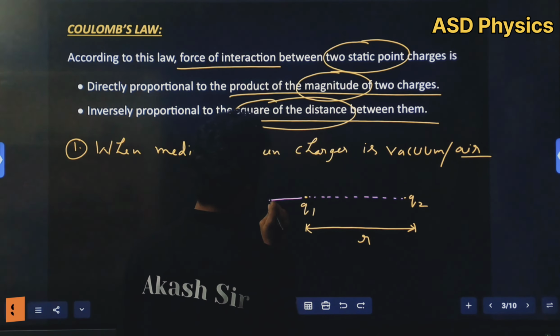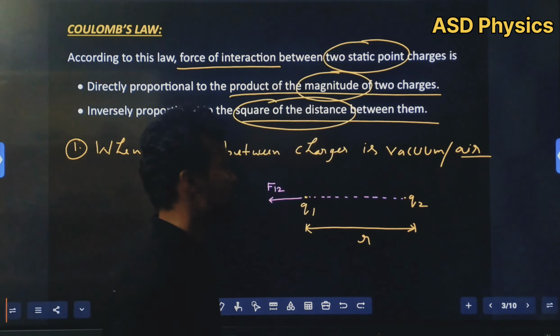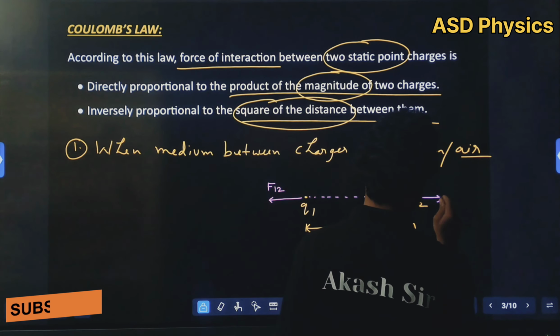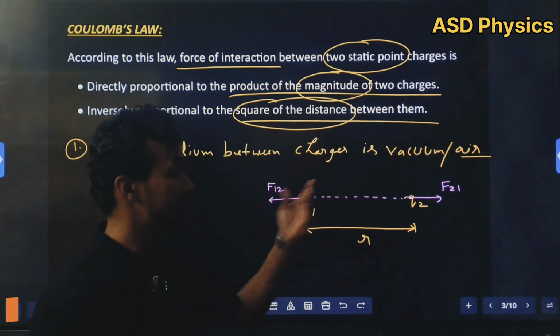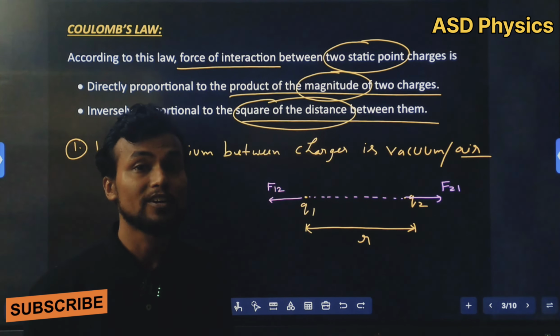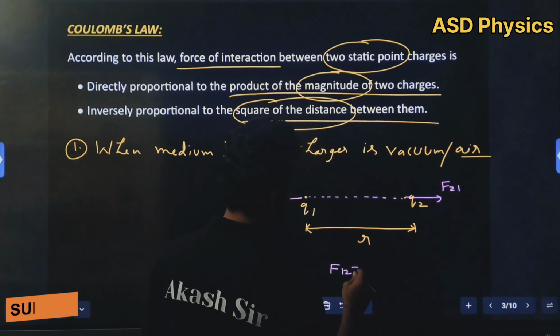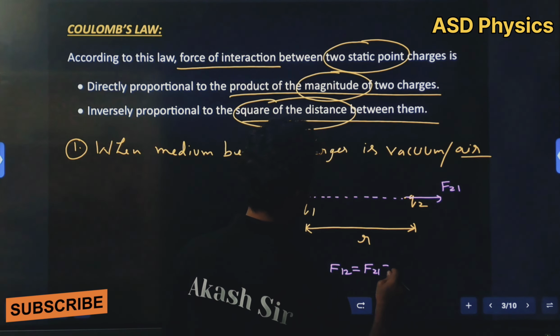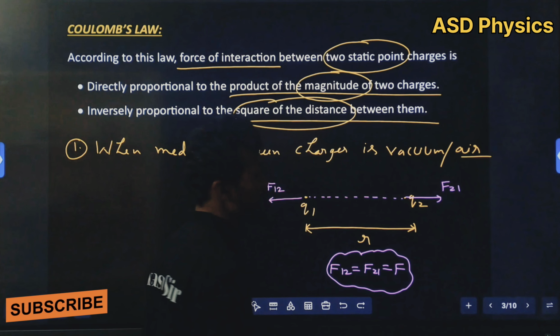Here one force is F12, the force on charge 1 due to 2. Similarly, F21 is the force on 2 due to 1. These forces follow Newton's third law of motion also, so magnitude wise both F12 and F21 will be the same. First we are learning only magnitude.